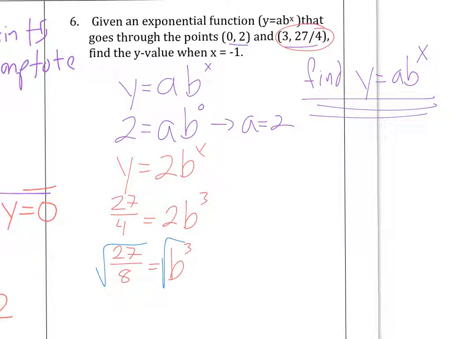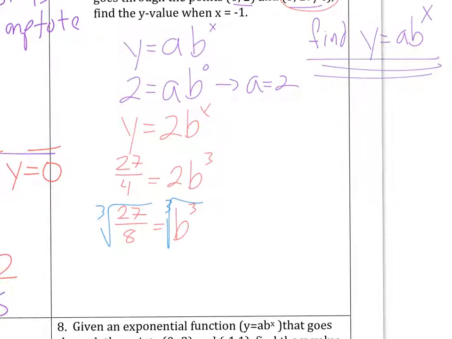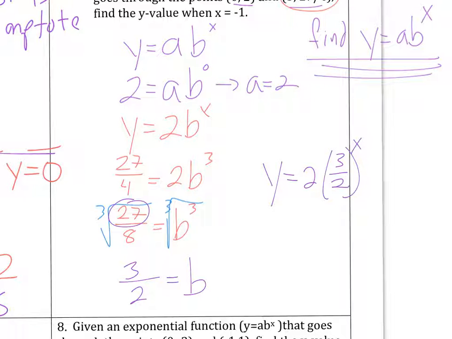Going to cube root both sides. And this actually comes out to a perfect cube root because the cube root of 27 is 3. The cube root of 8 is 2. So 3 over 2 is equal to b. That gives me the equation y is equal to 2, 3 over 2 to the x.